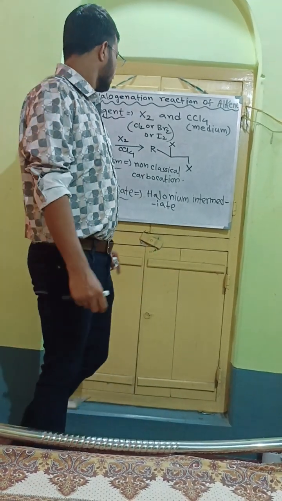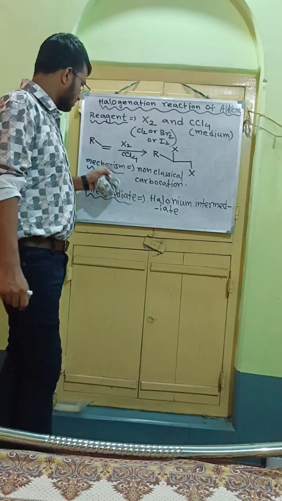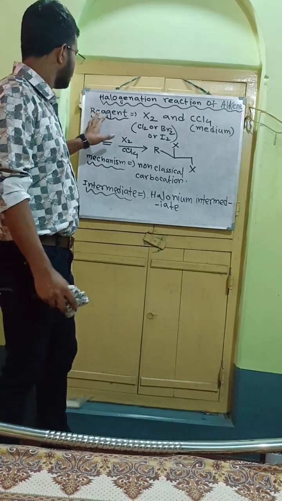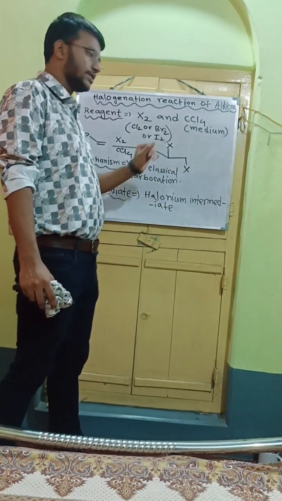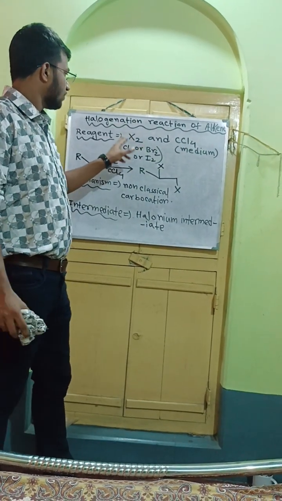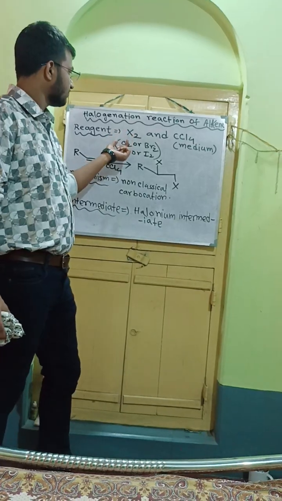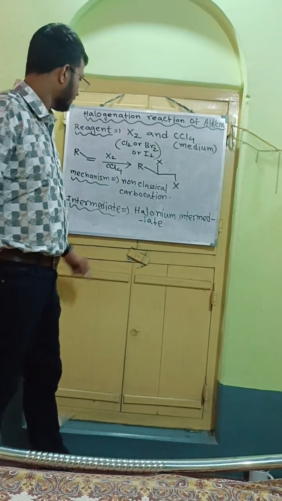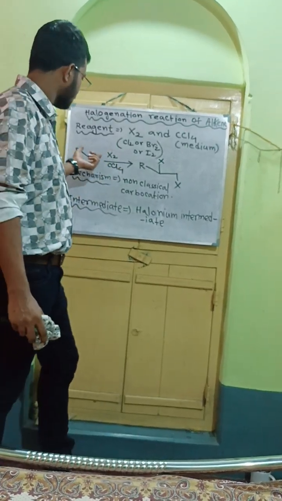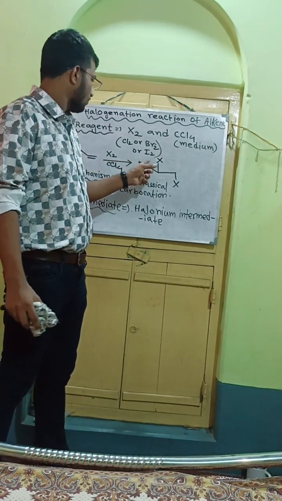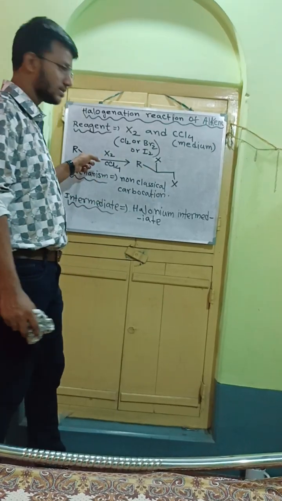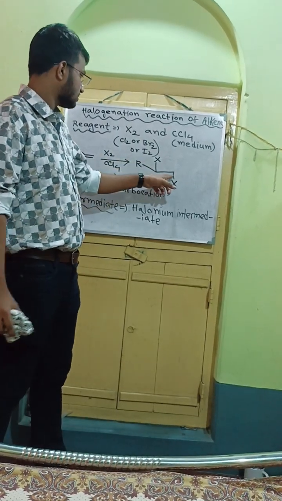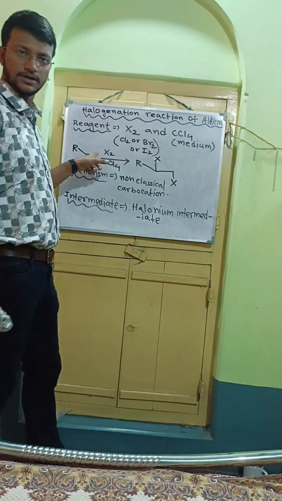Okay. So for this reaction, the reagent is X2 and CCl4, and CCl4 is the medium. And what is X2? X2 may be Cl2, Br2 or I2, and the reaction scheme is like this: one X is attached at this carbon, and another X is attached at this carbon. Clear?